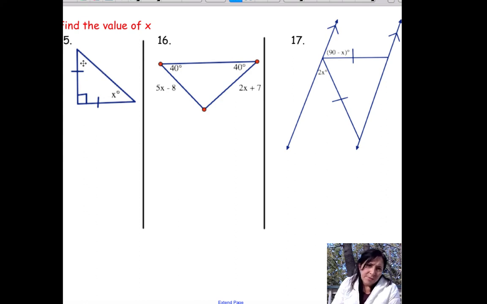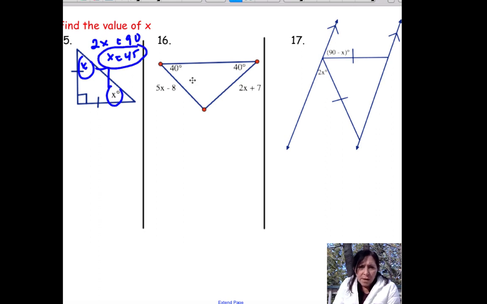We have to find the value of x again. Oh, I know. This is x, right? It's a right triangle. So these two x's have to add up to be 90 degrees, right? So 2x is equal to 90, and so x is equal to 45. For this one, we know that the angles are congruent. So by the converse of the isosceles triangle theorem, that means the two sides are congruent.